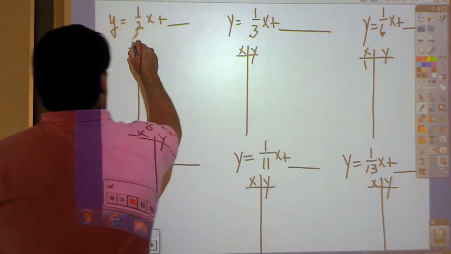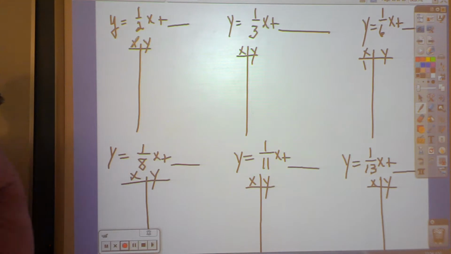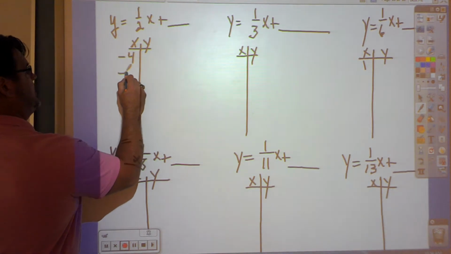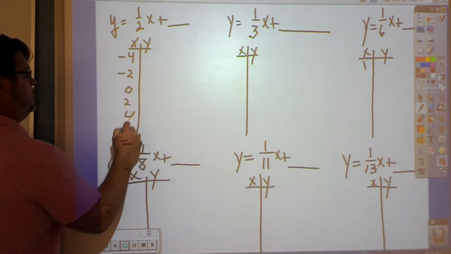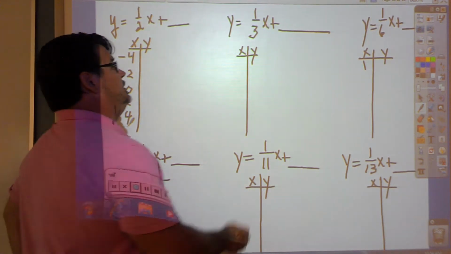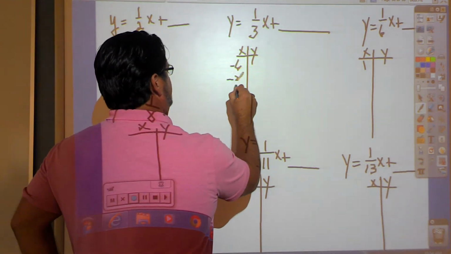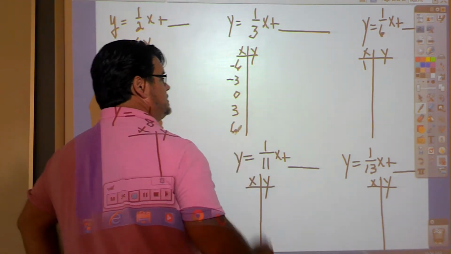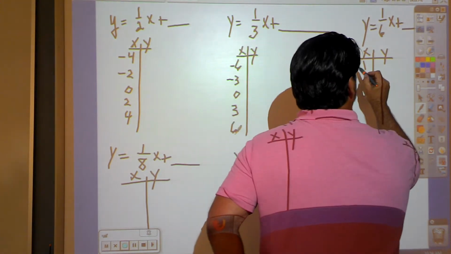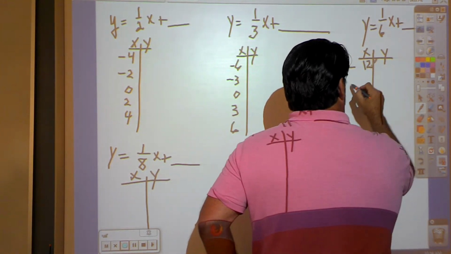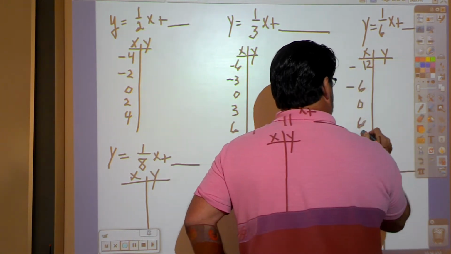So what are the multiples that I'm going to use with 1/2? I'm going to use multiples of 2, which would be -4, -2, 0, 2, and 4. What about 3? -6, -3, 0, 3, and 6. What about 6? -12, -6, 0, 6, and 12.